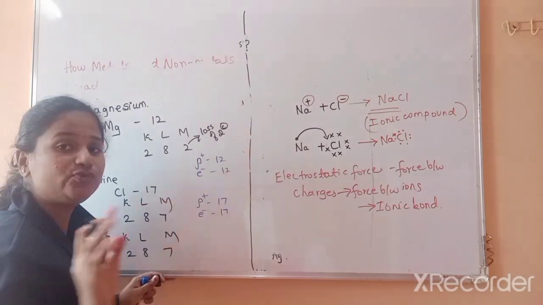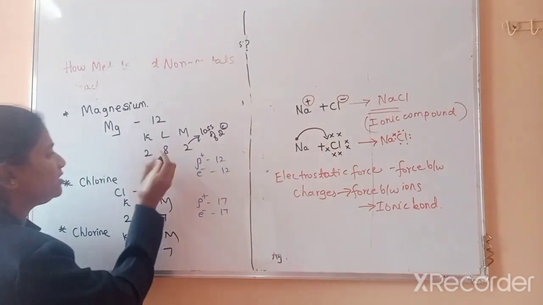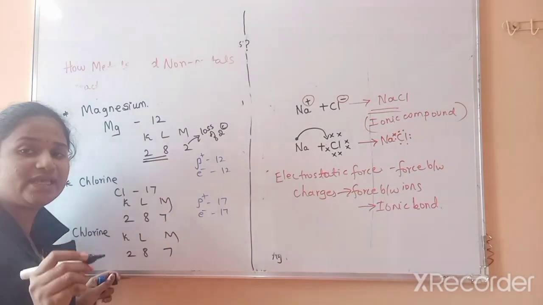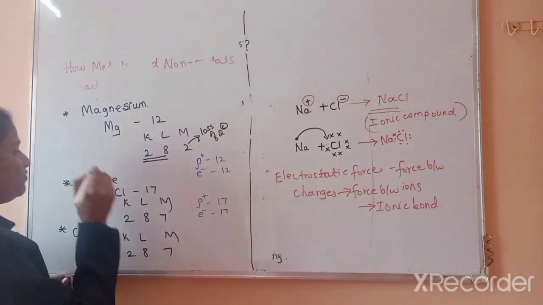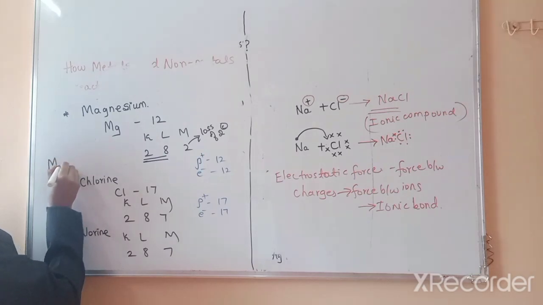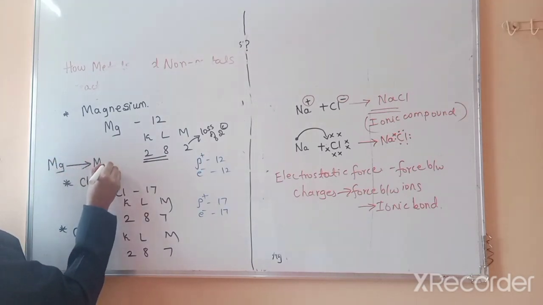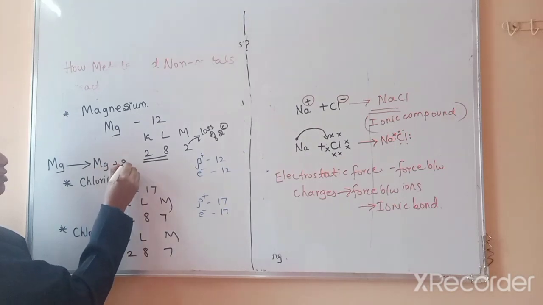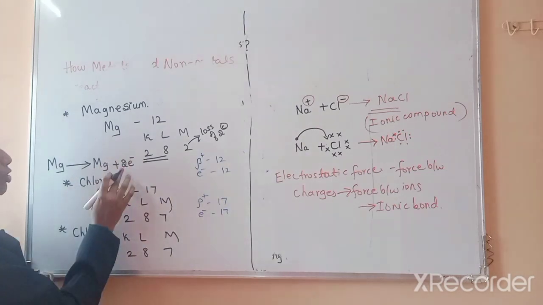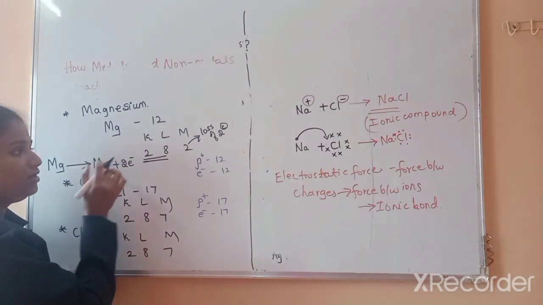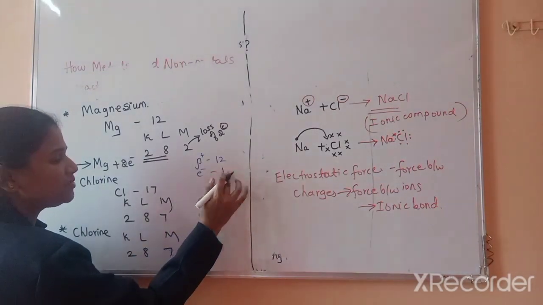So loss of 2 electrons makes magnesium get an octet electronic configuration. So we can write: magnesium loses 2 electrons.